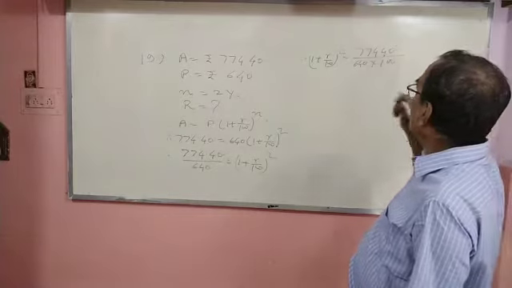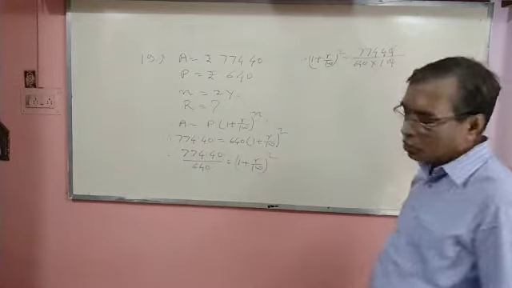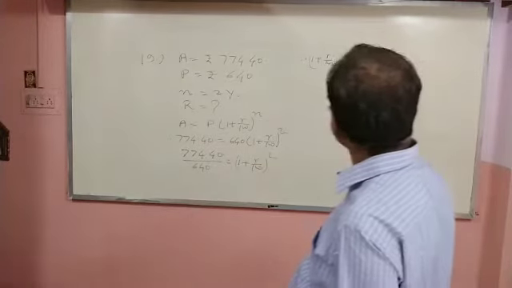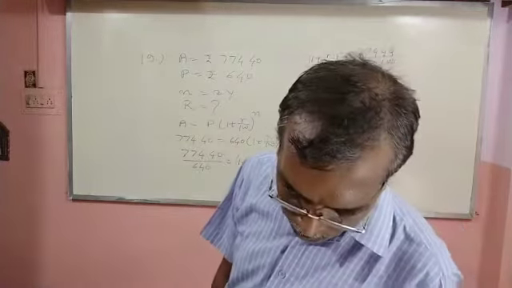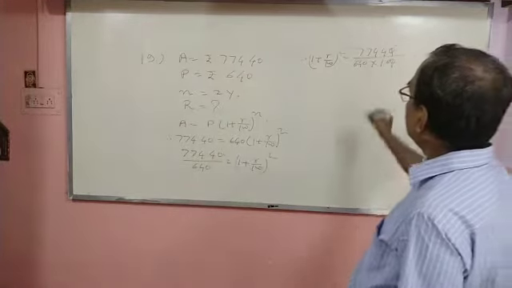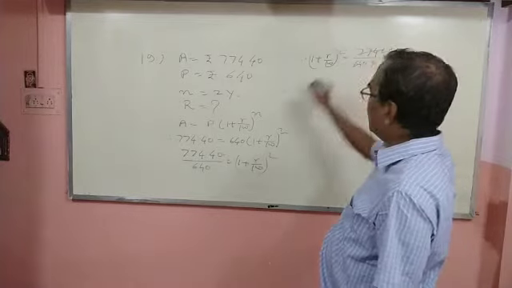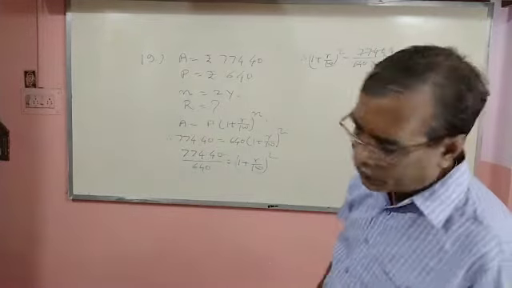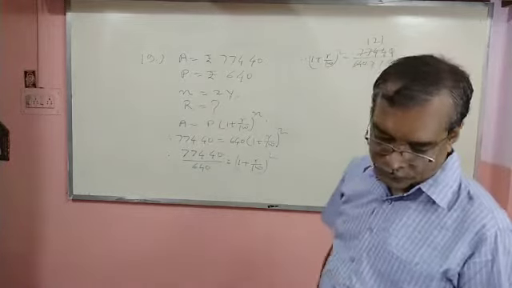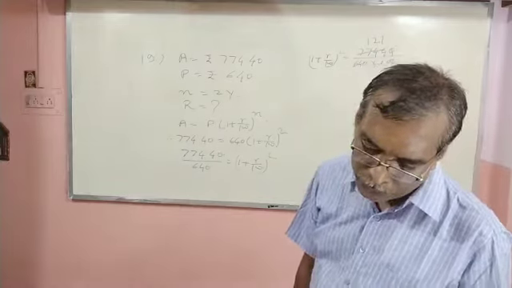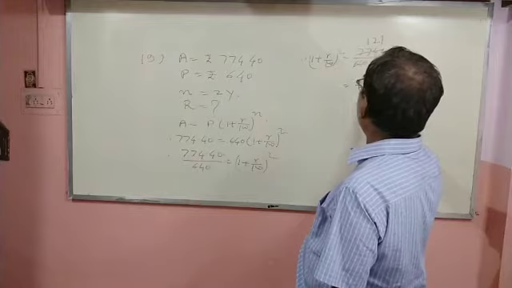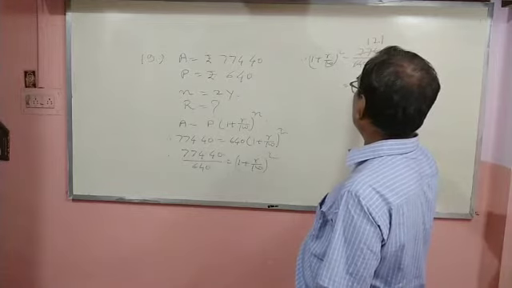Now one by one, this 0 will be cancelled, and this 64 will cancel directly. It is 121. So this one is equal to 121 by 10 into 10, that is 100.